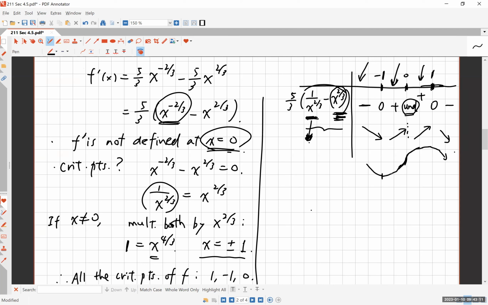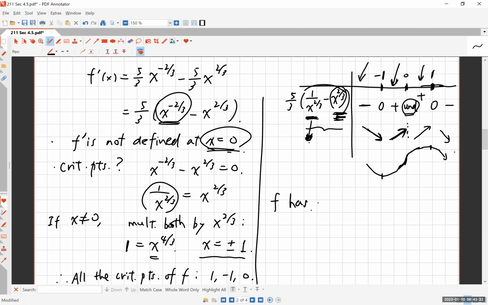This happens when x is -1. This happens when x is +1. And so you can certainly assume, because of the first derivative test, that when x is -1, the derivative goes from negative to positive.